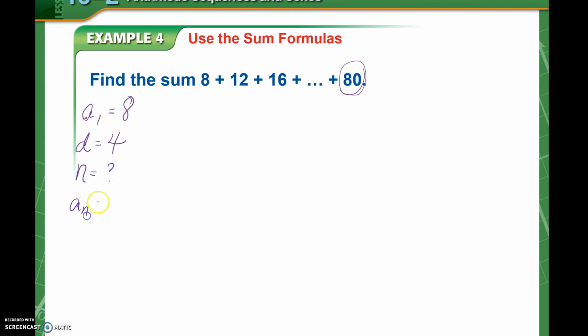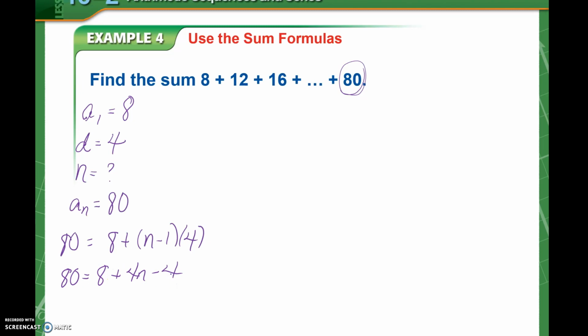But we know that the last term, an, is 80. We don't know the term number, so we're going to use that equation we've been looking at. 80 equals 8 plus n minus 1 times 4. We have to have n for either equation. So 80 equals 8 plus 4n minus 4.